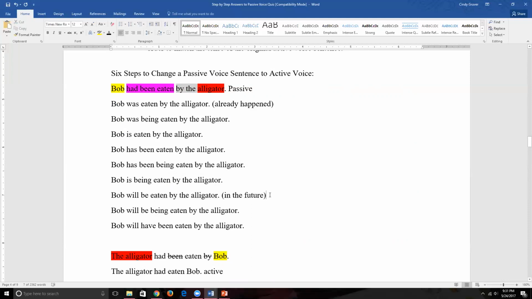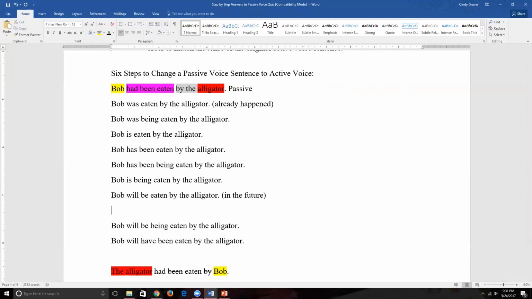And so many times when people translate this sentence into active voice, they will say the alligator ate Bob. Or probably more commonly they will say had eaten Bob or something like that, because many times they like to keep the past participle and just change the sentence from that perspective.